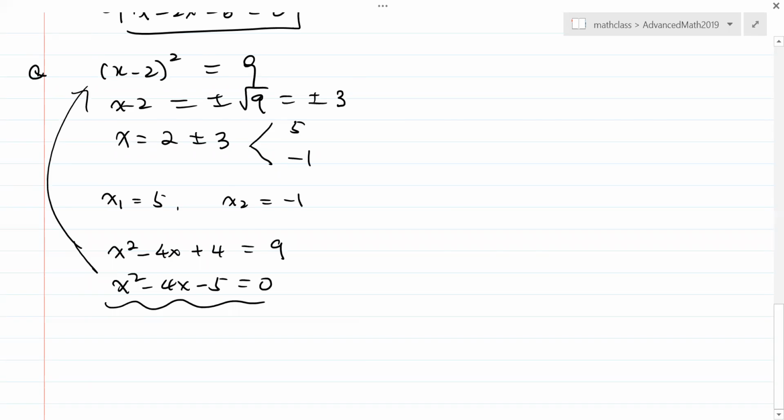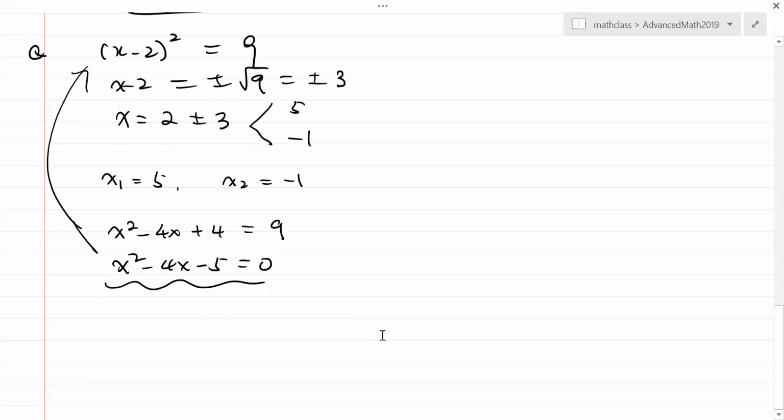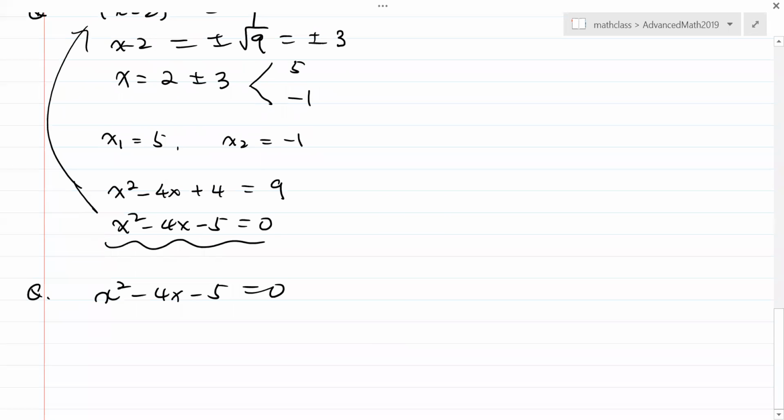So this is the idea. Let's reverse the procedure. Suppose we are given x² − 4x − 5 = 0. How do you do that? I need the formula (x ± k)² = x² ± 2kx + k².